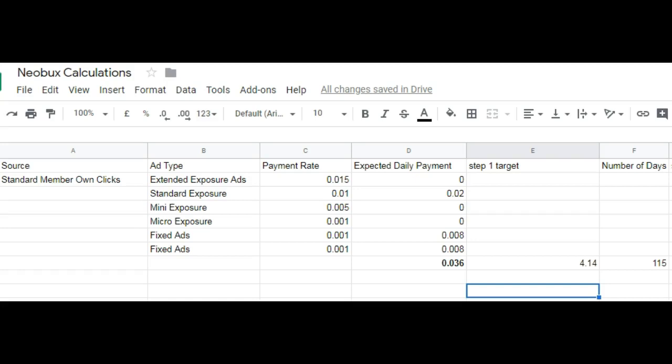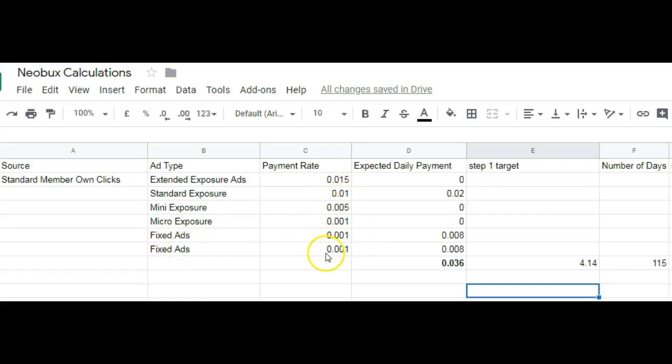Okay, so we've already looked at the costs. Let's have a look next at the actual earnings. As a standard member, that means no upgrades or anything on Neobux, the completely free account, these are the different ad types that you can be provided with to click on, and these are the payment rates that you will get for each of those adverts if you click on them.